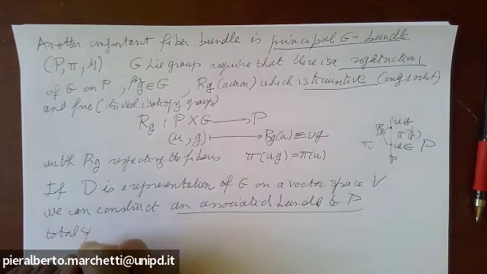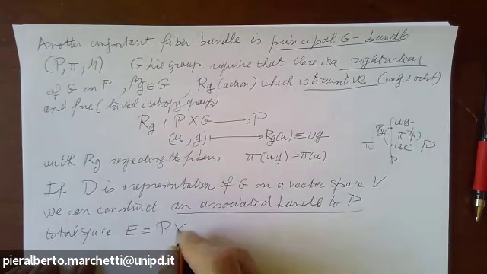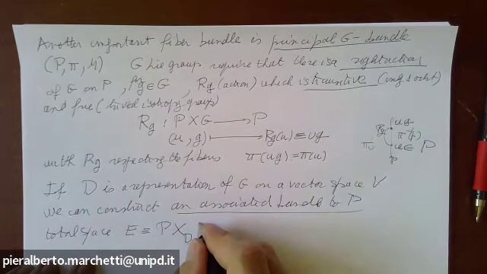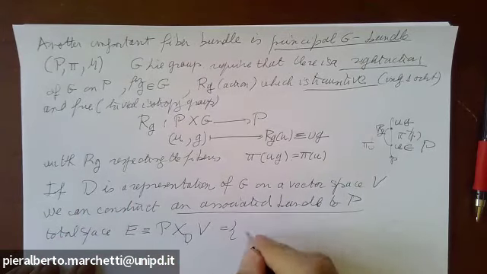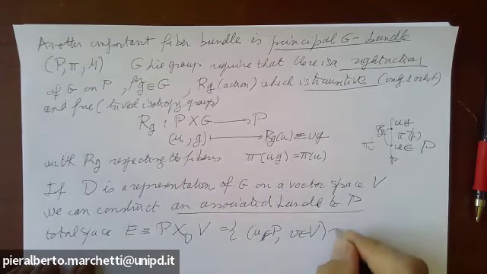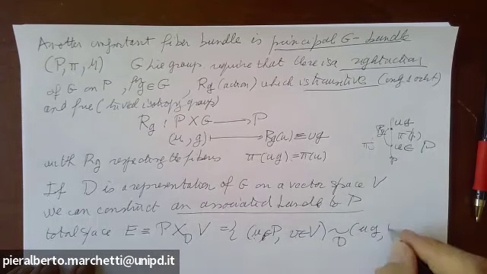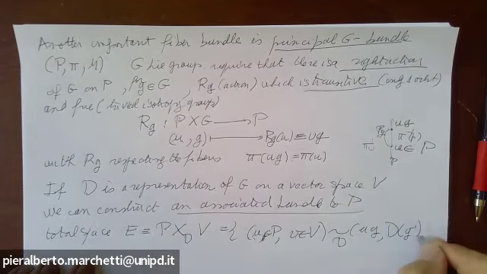The total space of the bundle E, which will typically be denoted by P times with subindex the representation of your group, V, is the set of all pairs (u, v) where u belongs to P, v belongs to the vector space V, which are in the equivalence class determined by D. So the couple (u, v) you can identify with the couple (ug, D(g^{-1}) v), the representation of g inverse acting on v.